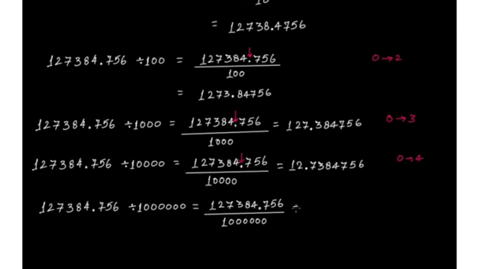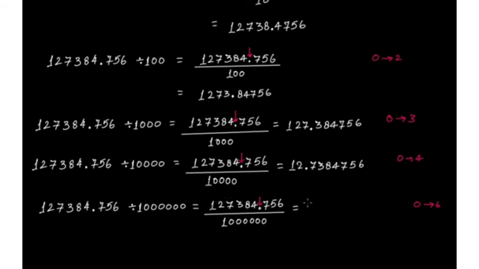Okay, your decimal point is here. In 10 lakh, you have 6 zeros. Count to the left of this decimal point, count 6 digits. First, second, third, fourth, fifth, and sixth. Place your decimal point just before this sixth digit, that is 1.